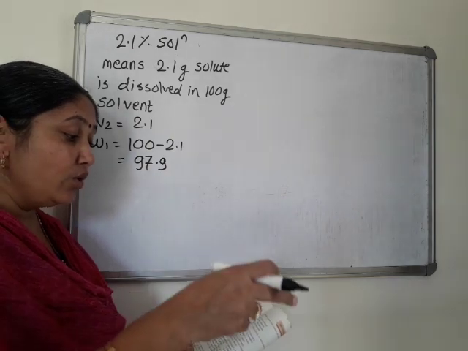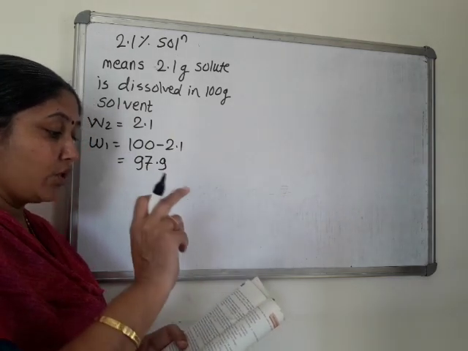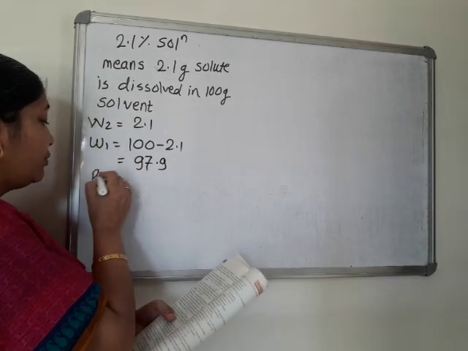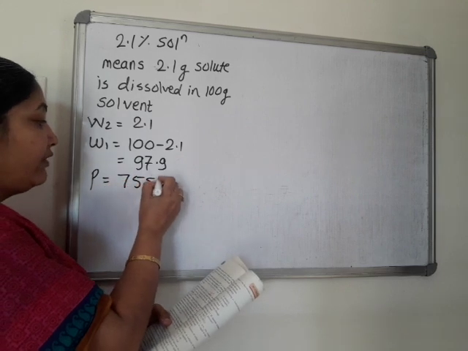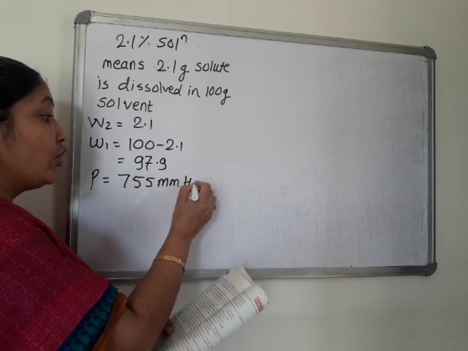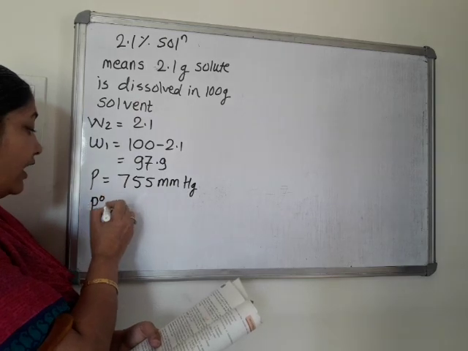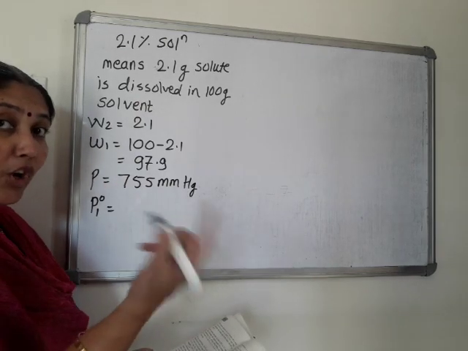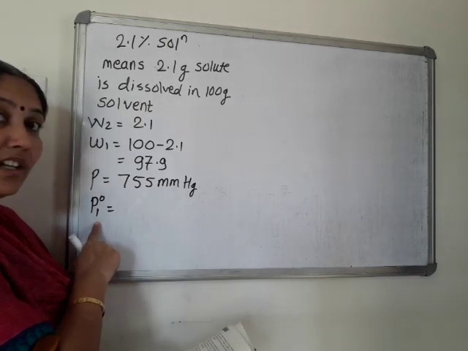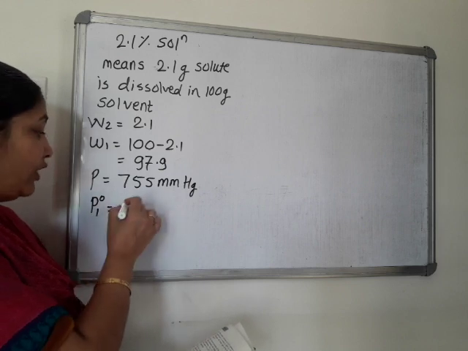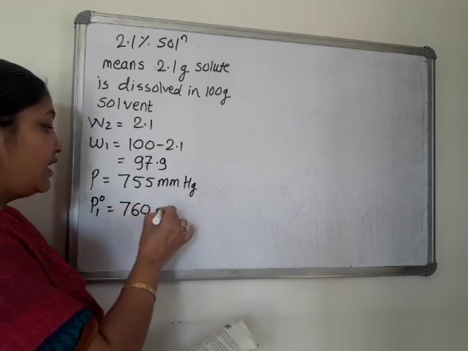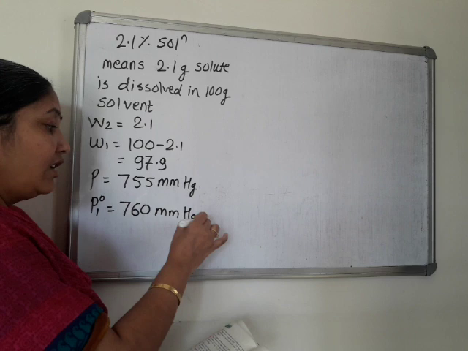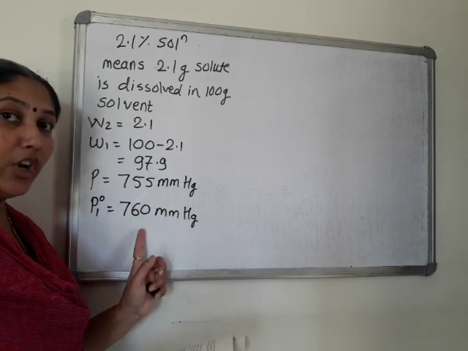So vapor pressure of the solution P is given as 755 mm, and what should be P01 at 100 degrees Celsius? It's the boiling point of water, so the vapor pressure value will be 760 mmHg. Clear?